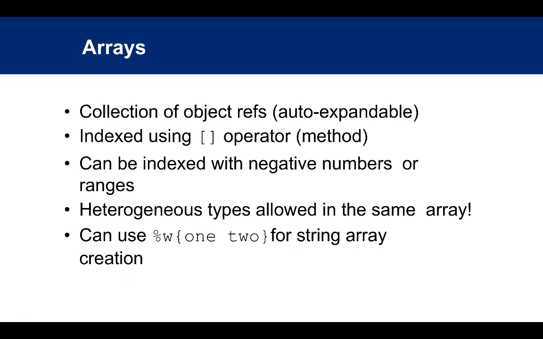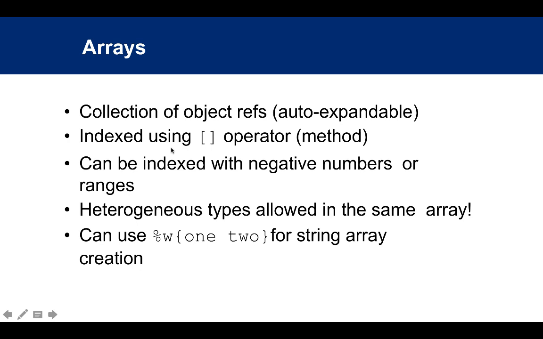Okay, arrays. Arrays is a very important API in Ruby, and it's basically a collection of objects. And it's auto-expandable. So if you're used to, for example, Java, where you have an array, an array list, and a list interface, in Ruby it's just an array, and the array auto-expands for you.